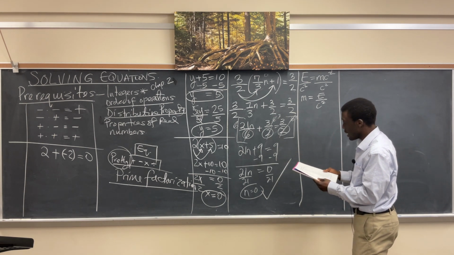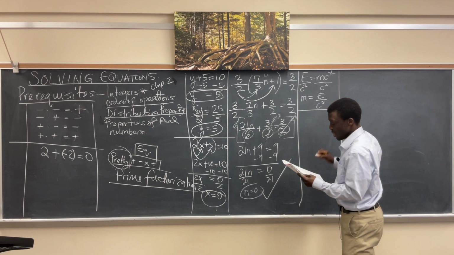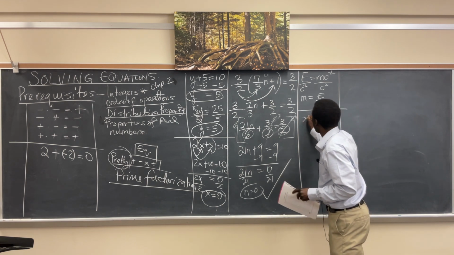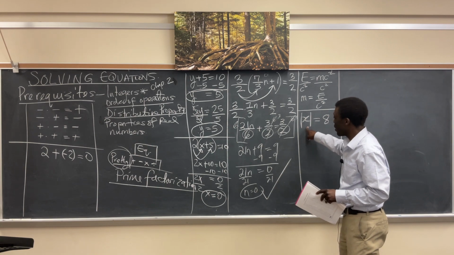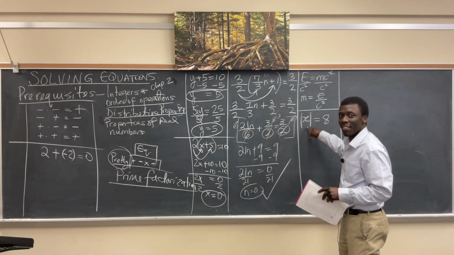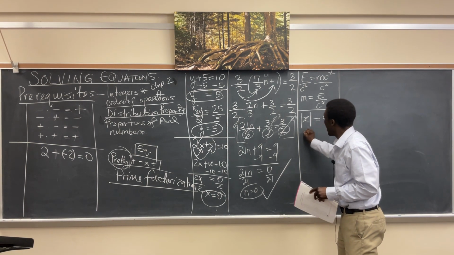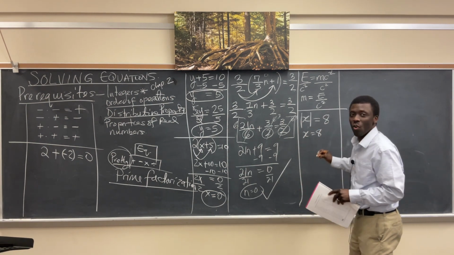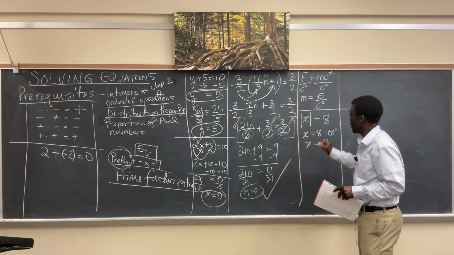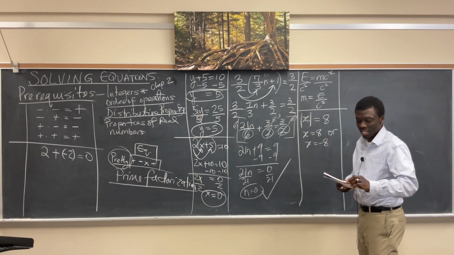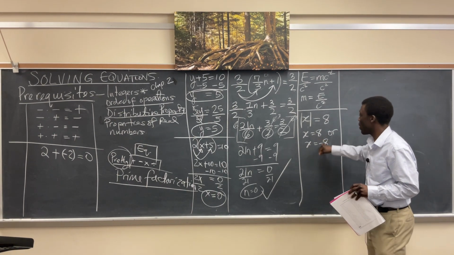So then lastly, we have this problem, which is if the absolute value of x is equal to 8, then we basically do x is equal to 8, or x is equal to negative 8, right? So we basically write one as a positive and one as a negative.